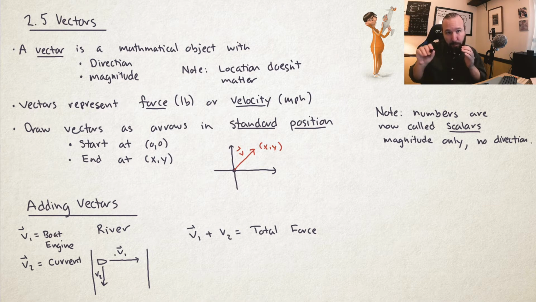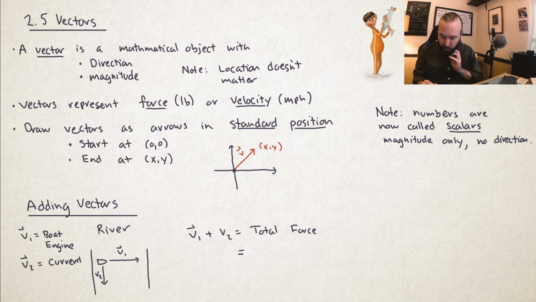And the engine of the boat, you're driving straight across the river. So this right here represents the force on the boat from the engine. You've got a little motor in your boat. And then V number 2 represents the force that's due to the current. Maybe I drew it a little bit long. That's like a really strong river. Let me draw it a little bit smaller. There we go. Now it's not quite as strong a river as it was before.